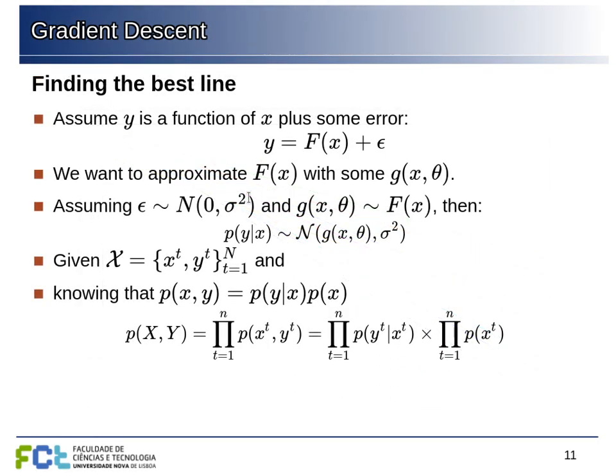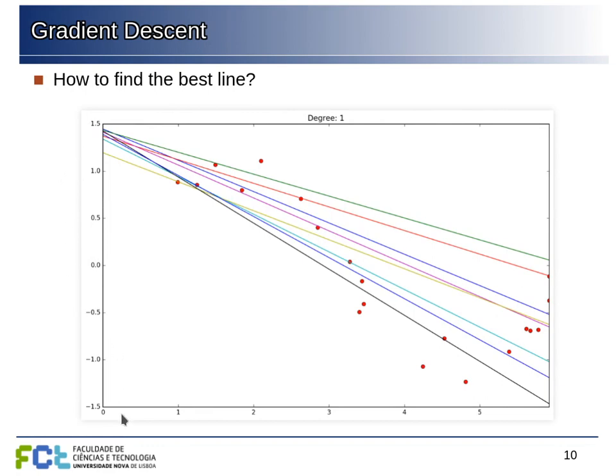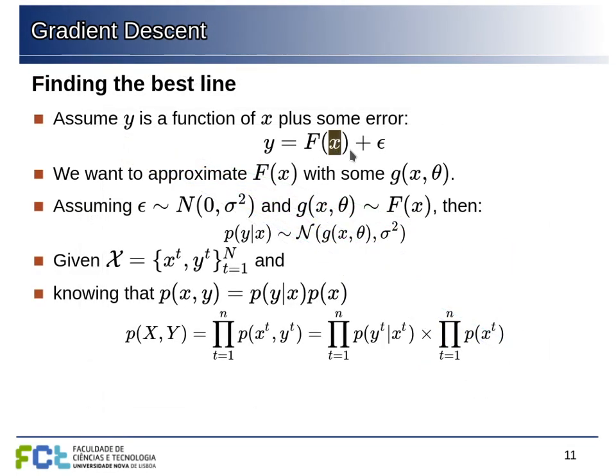So let's assume that in real life the value of this coordinate y here, the vertical coordinate, depends on x, some function of x, plus some noise, some random error. And we want our line that we're going to choose to be as close as possible to this unknown function f that exists somewhere in reality, but we don't know which one it is.